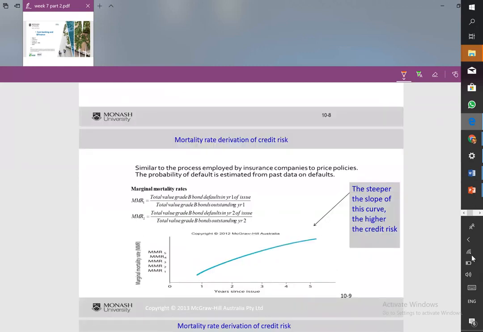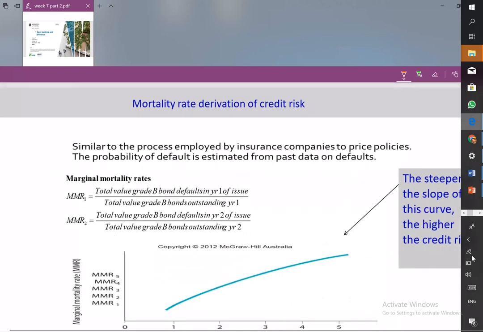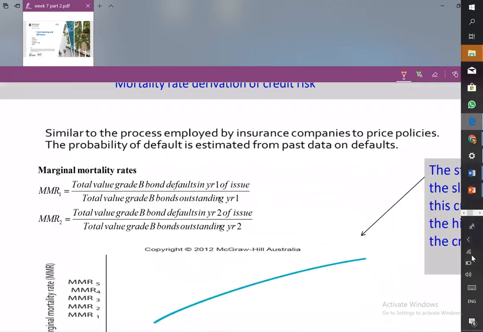For example, if we are interested in investing in class B, we take all of class B, the total average bond defaulting, over the total value of grade B, and we will then see the MMR. MMR is the marginal mortality rate, which means how fast this will die.